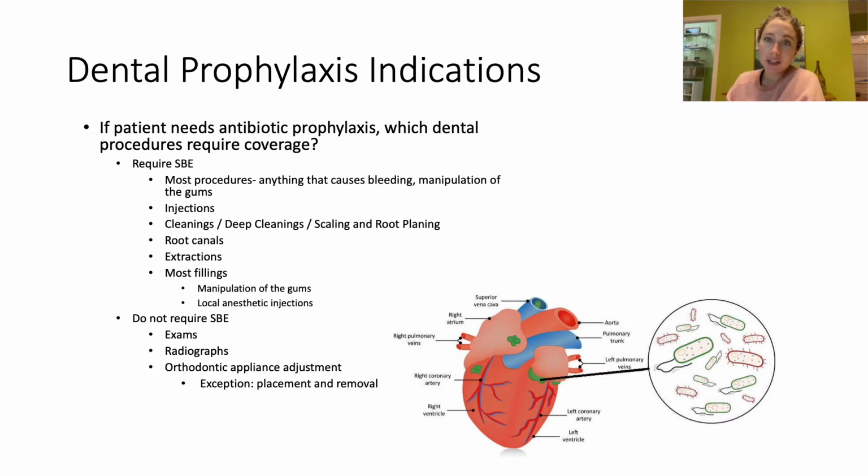Procedures that don't need SBE prophylaxis would be exams, x-rays, and orthodontic appliance adjustment, which is helpful to know because when you have little immunocompromised patients that need to have their antibiotic coverage for dentistry, they're gonna need it for their ortho only when their brackets are placed and when they're removed.